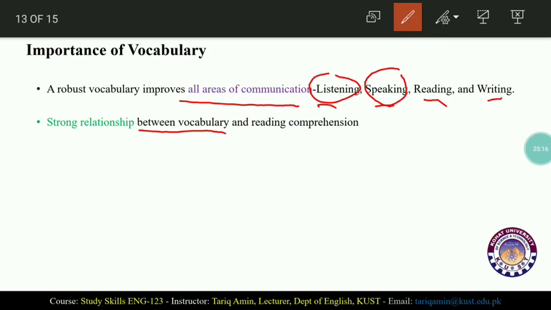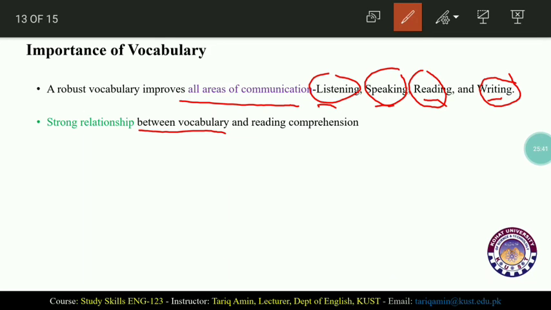And the last point is how does it improve our writing? It is the same as speaking. For example, you want to communicate your ideas with other people through a written channel. You want to write something. If you don't have words, you don't have extensive vocabulary, how can you communicate your ideas? How can you write your ideas?